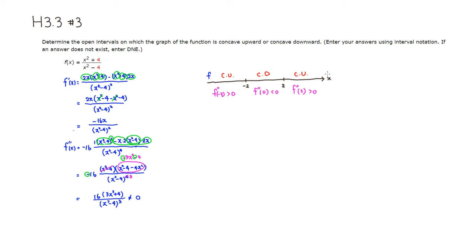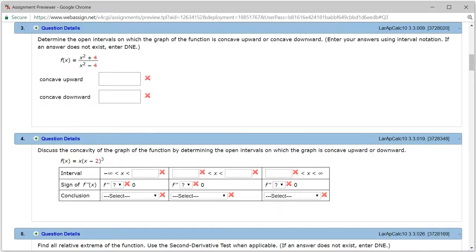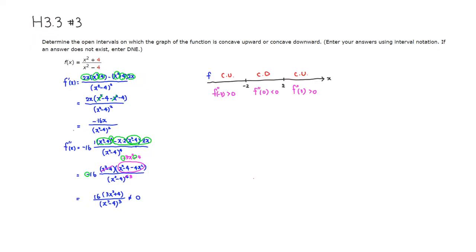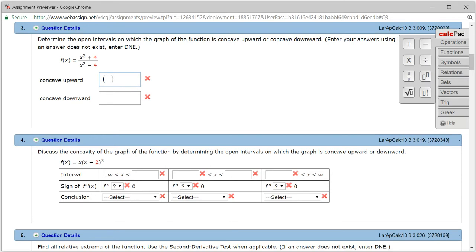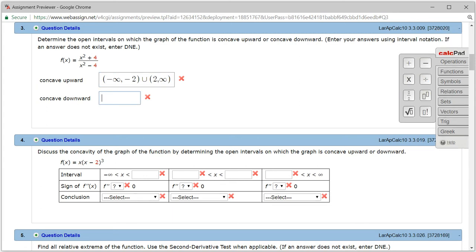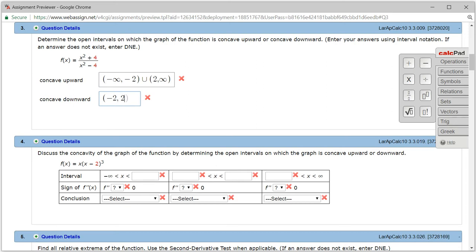So let's type this in. Concave upward is from negative infinity to negative 2, union 2 to infinity, and concave downward between negative 2 and positive 2.